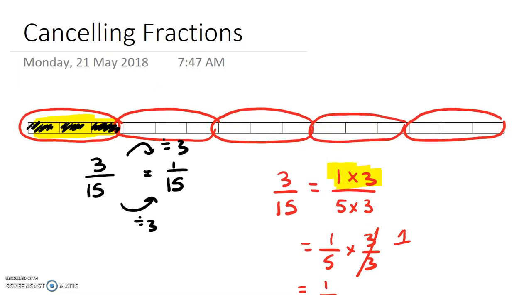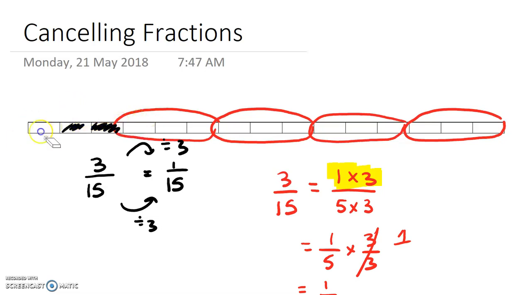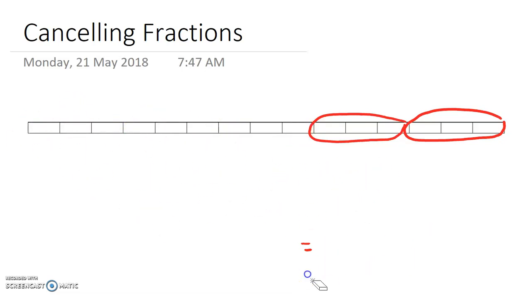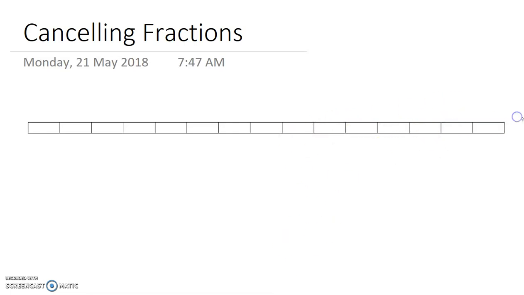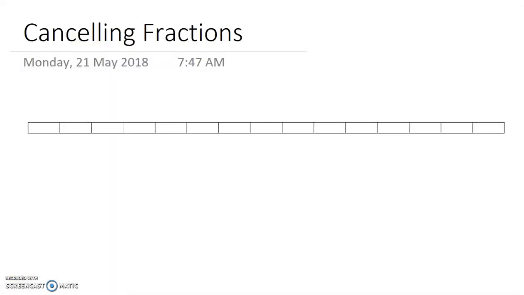So if I change the problem, let's make it this. 1, 2, 3, 4, 5 out of the whole of 15.